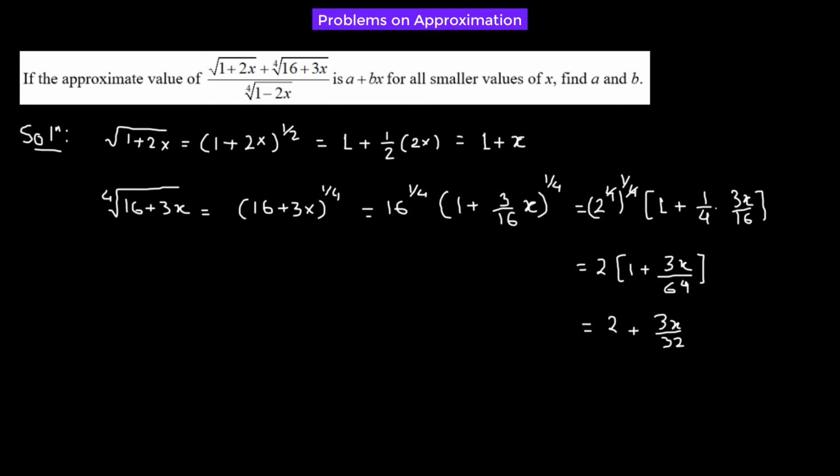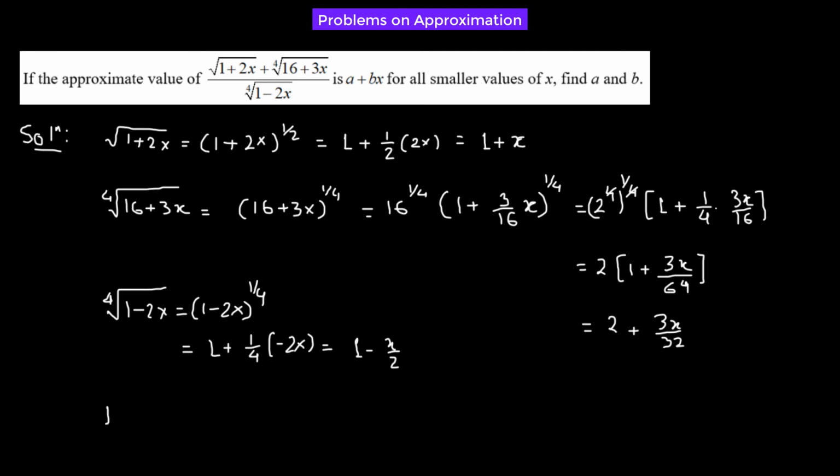Similarly, we find out the value for the expression in the denominator, where the fourth root of 1 minus twice of x can be rewritten as 1 minus twice of x raised to the power of 1/4, which is equal to 1 plus 1/4 times negative twice of x, and that is equal to 1 minus x over 2. Now let us plug this value into our given expression.